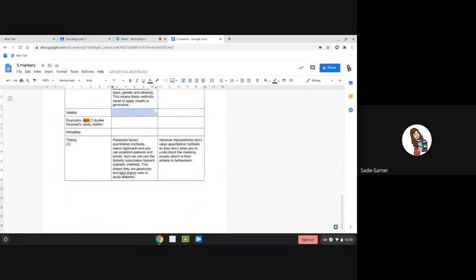Validity, how true or accurate it is, is more likely with open questions and rapport, but we don't get that with quantitative methods. We don't have open questions and we don't build a rapport. So I'd argue it's largely just a weakness here.